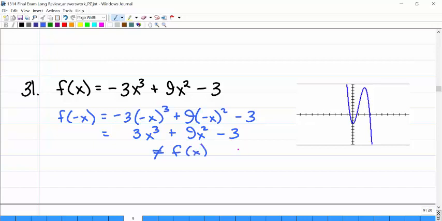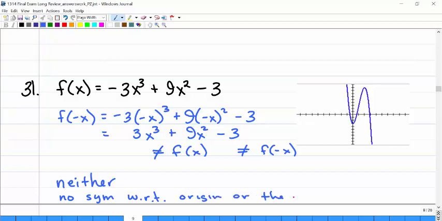It is also not equal to f of -x. So I have a case that this function is neither even nor odd, and there's going to be no symmetry with respect to the origin or the y-axis. If I look at the function graphed on my calculator over here, I do not have origin symmetry, nor do I have y-axis symmetry.